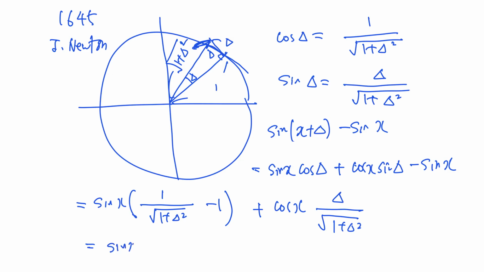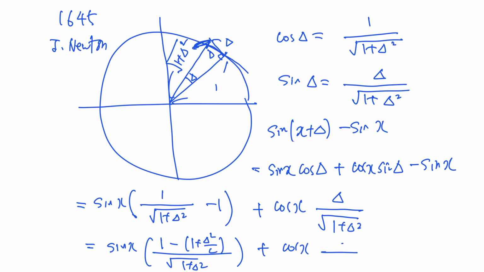Sine x times square root of 1 plus delta square, 1 minus 1 plus delta square over 2, and cosine x delta over square root of 1 plus delta square.